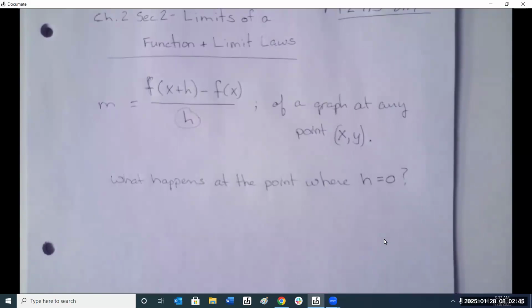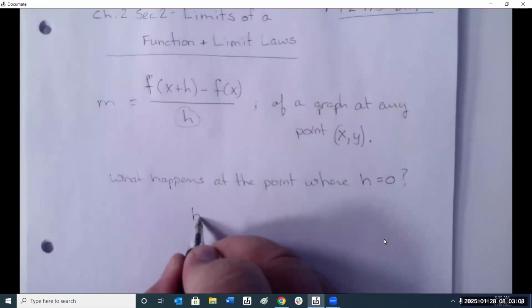Remember what h equals, what the formula for h was. What is the equation for h?